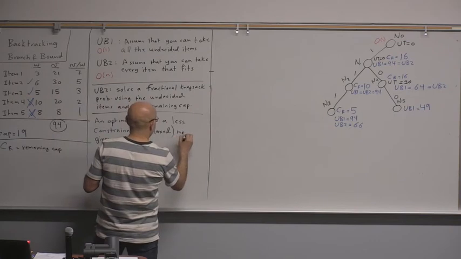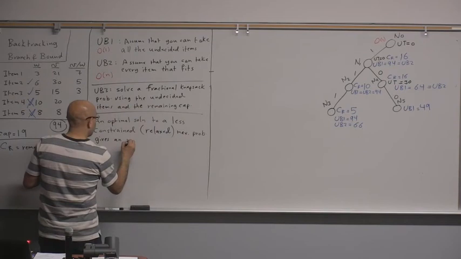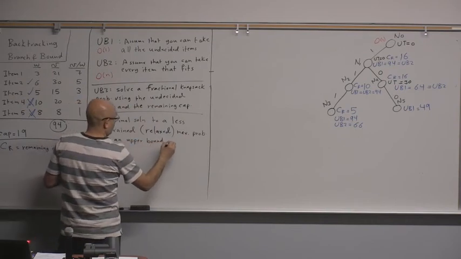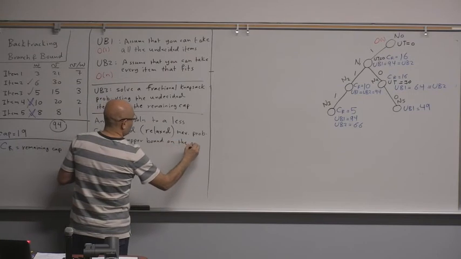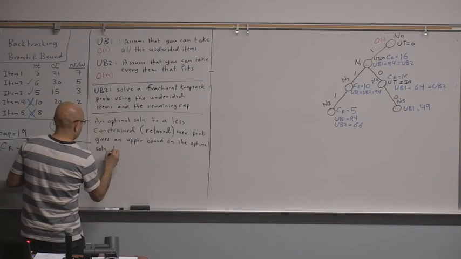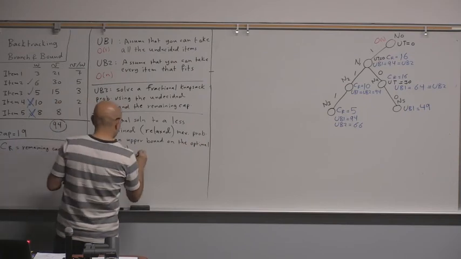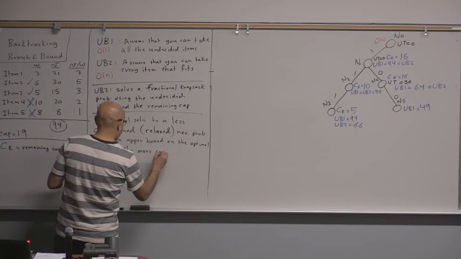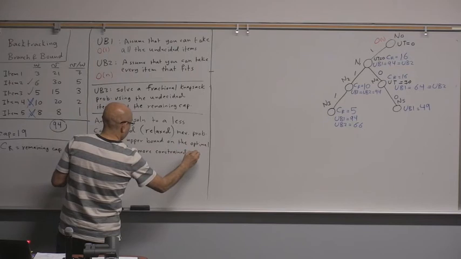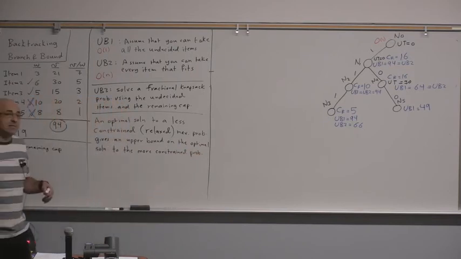A relaxed maximization problem gives an upper bound on the optimal solution to the more constrained problem. Of course, usually the less constrained problem is easier to solve.